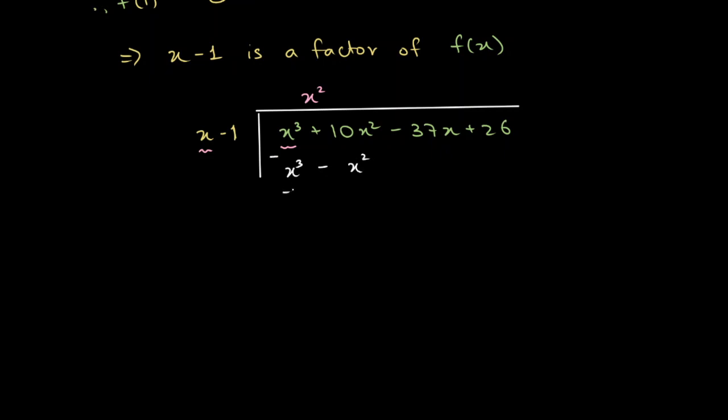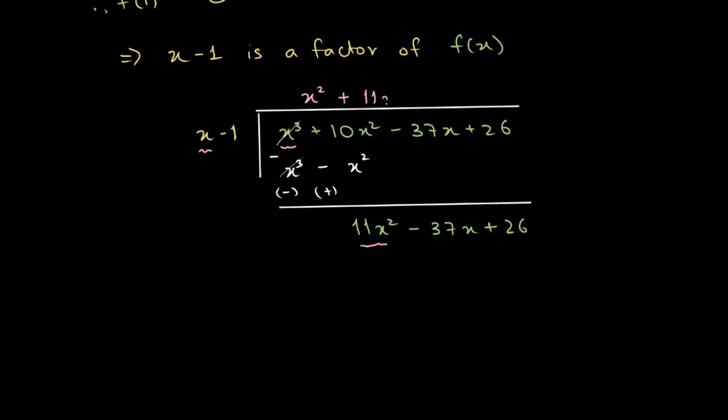Subtracting the two expressions, plus becomes minus, minus becomes plus, and plus x cubed minus x cubed cancel. Plus 10x squared plus x squared makes it plus 11x squared, and let's bring the remaining terms down below. So minus 37x plus 26. All right. Again, dividing the highest possible term, so 11x squared divided by x makes it plus 11x.